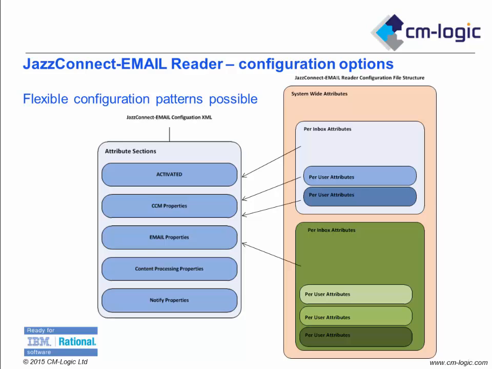This includes which RTC project to connect to, which email box to read, and then how to create or update the work item. Even RTC attributes that need to be set can be pre-configured in this XML file. Email Reader will also send notification messages back to the original sender and to the administrator. The content of that message is also configurable.